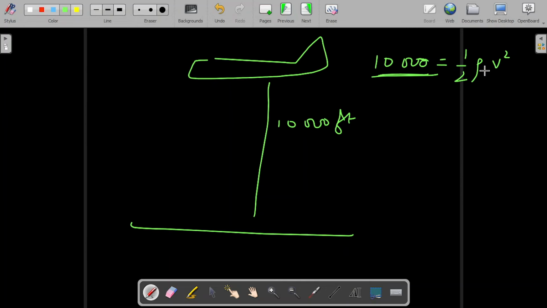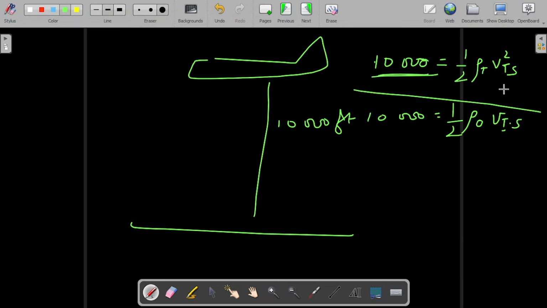If we take the density as the true density at 10,000 feet, the velocity is the true speed. If we take another case, at 10,000 feet, where the density is taken as the basic sea level density, then the velocity is the indicated airspeed.